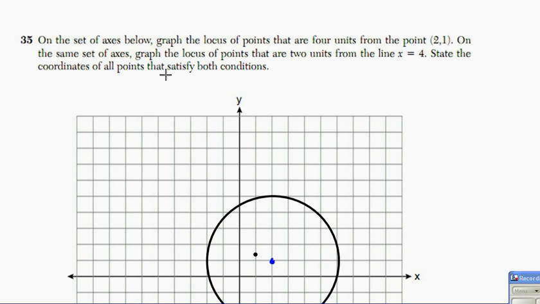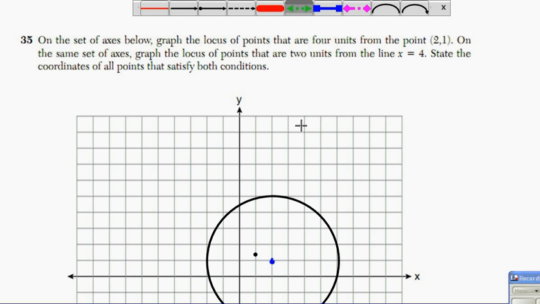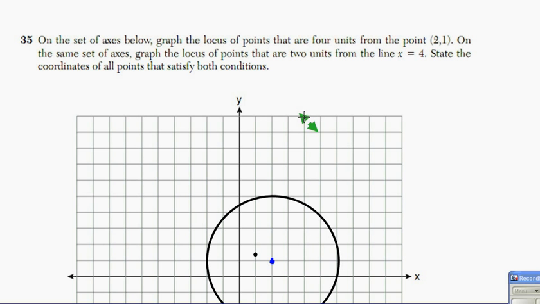And on the same locus, points that are 2 units from the line x equals 4. X equals 4 is this way.